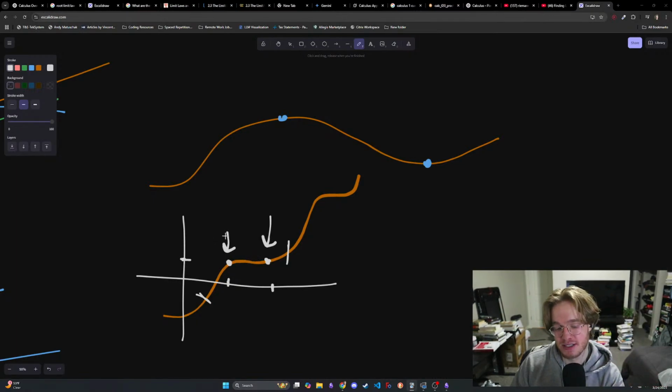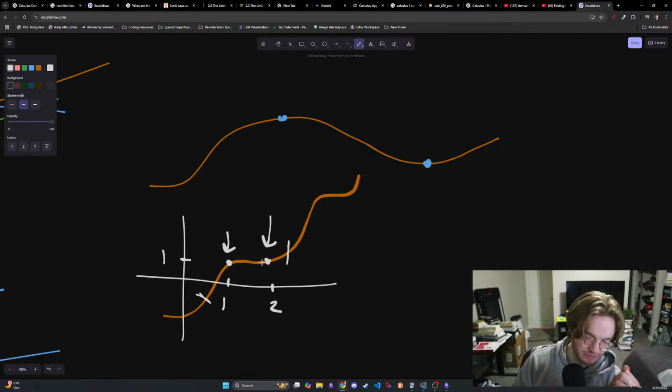Say we have inputs 1 and 2. For our input 1, we have a much higher output than we do for our input of 2. Proportionally, we have 1 unit of input here and 2 units of input here, and we still get around 1. So this could be thought of as an extrema, but I'm not sure.